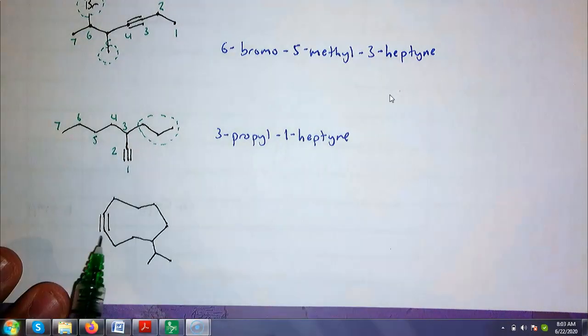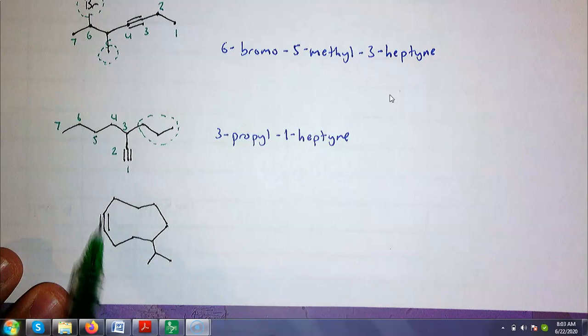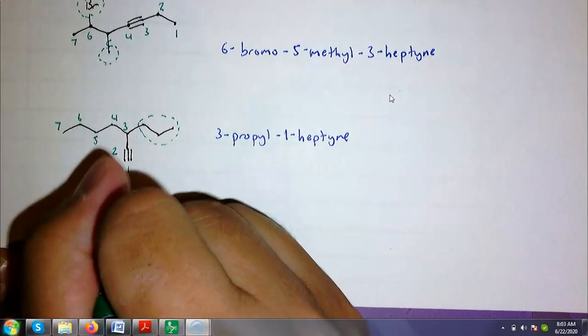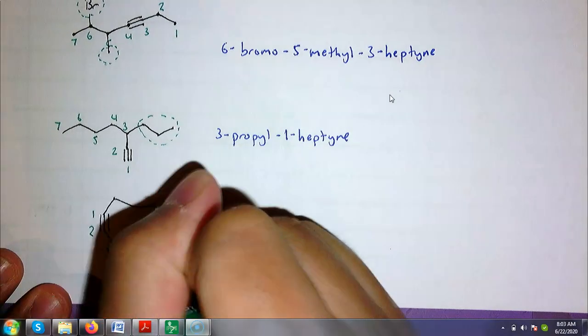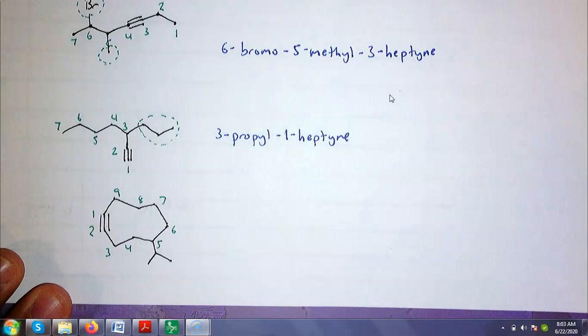You have to include both carbons of the triple bond, and those carbons have to be 1 and 2 when you have a ring. 1, 2, 3, 4, 5. If you go counterclockwise, 1, 2, 3, 4, 5, 6, 7. So we're going to number it this way. It's a 9 carbon ring.